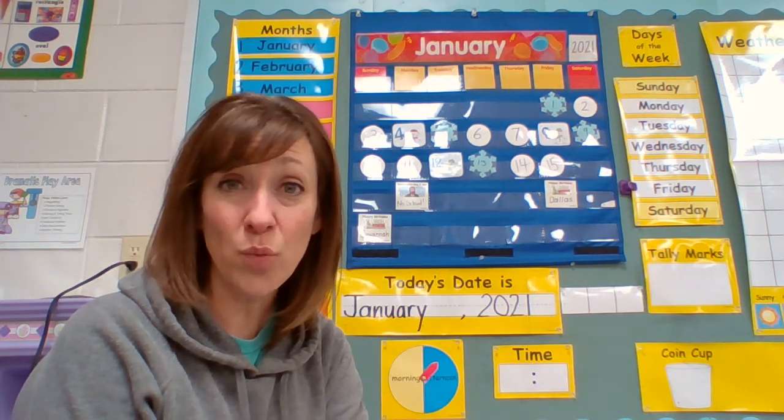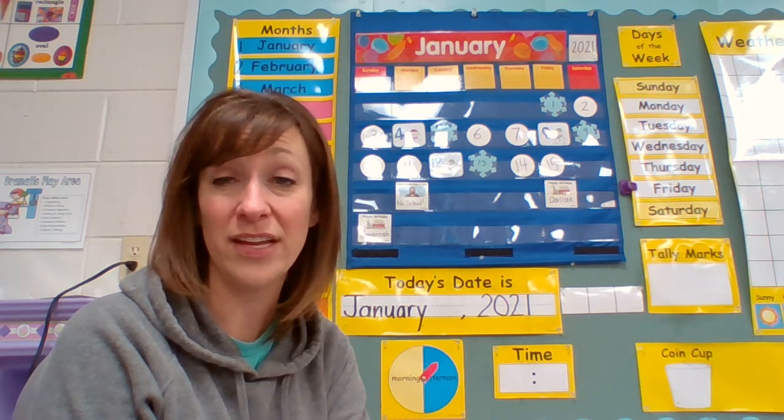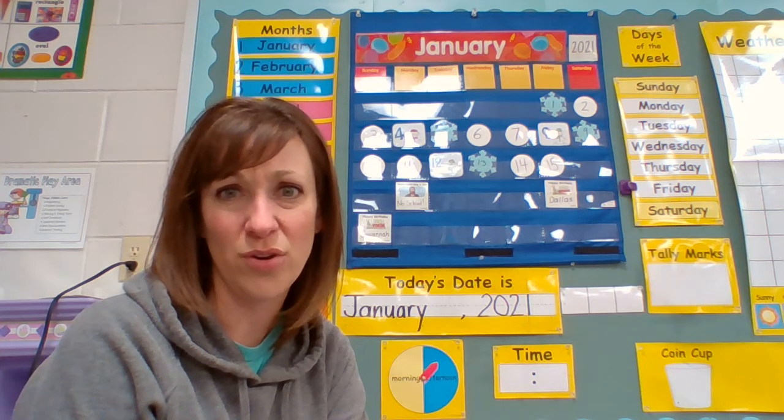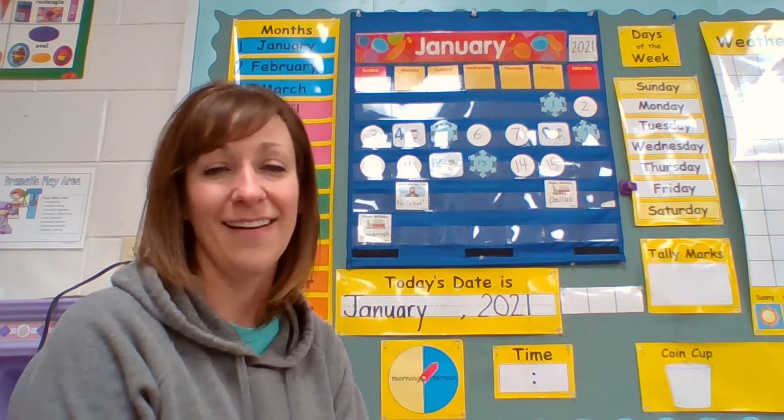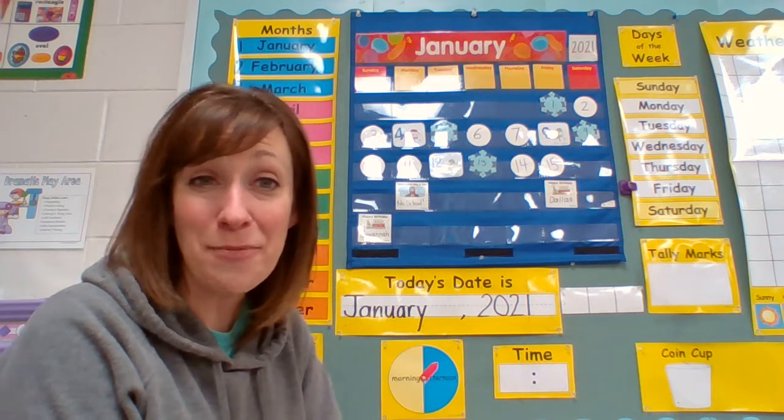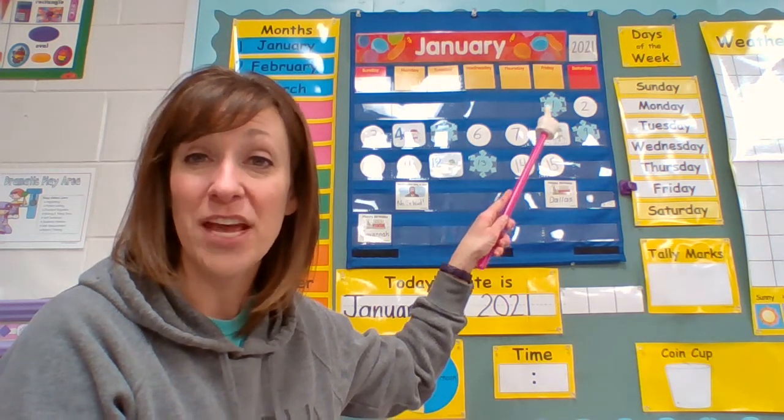Now, we know the number, we know the month, but oh no, it's the end of the week. And guess what I just did? I gave away the pattern card. Oh well, let's say the pattern anyways, just to review what an A, B, B, C pattern looks like. Ready? Say it with me.